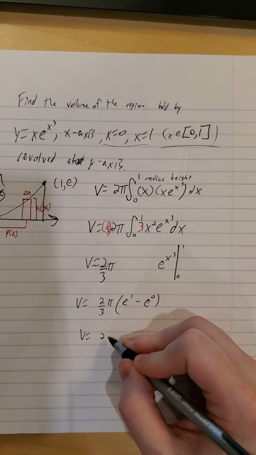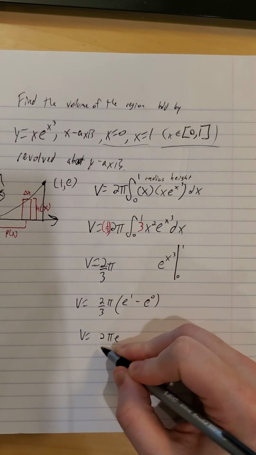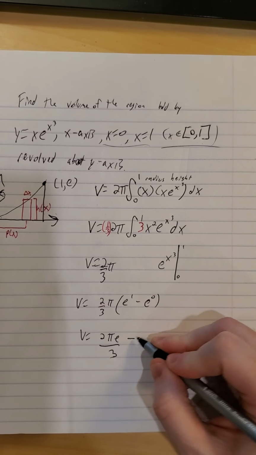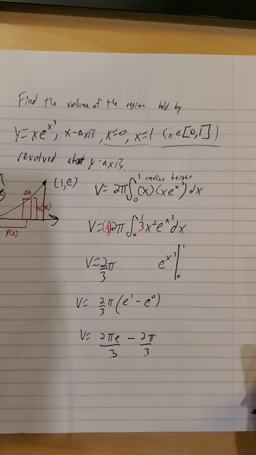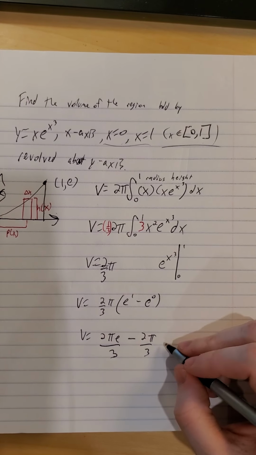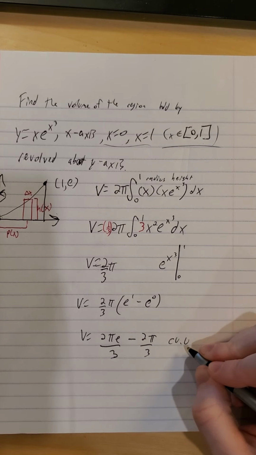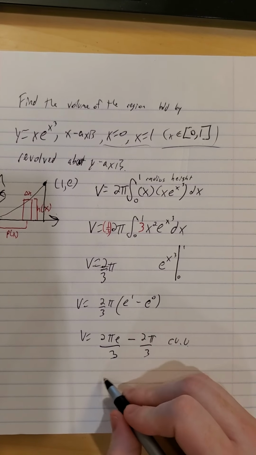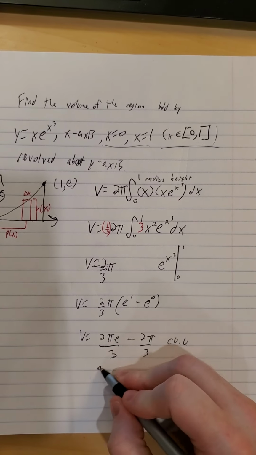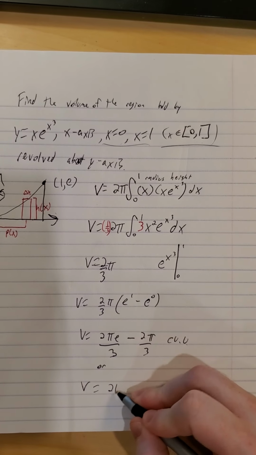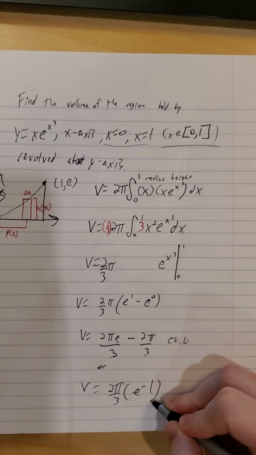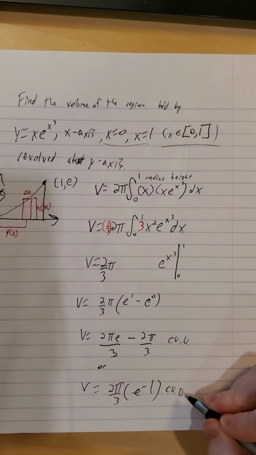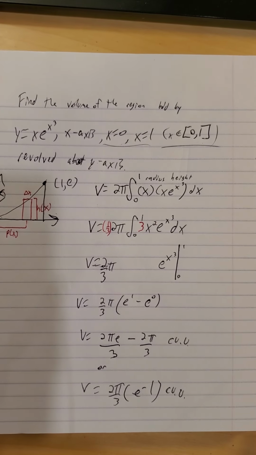So our volume is 2 pi e over 3 minus 2 pi over 3. E to the 0 is, of course, a 1. Cubic units. And you'll see that either in this form or you might see it in the factored form as well. Either one of these two are fine with me.